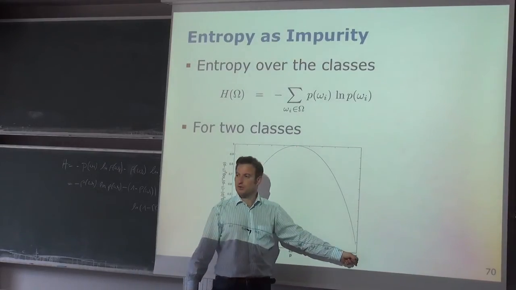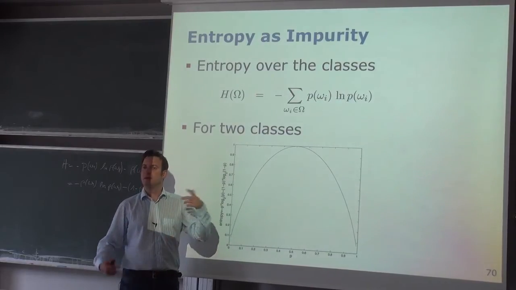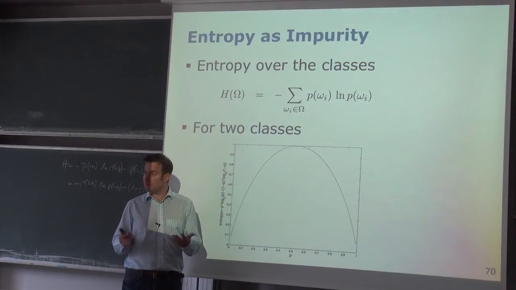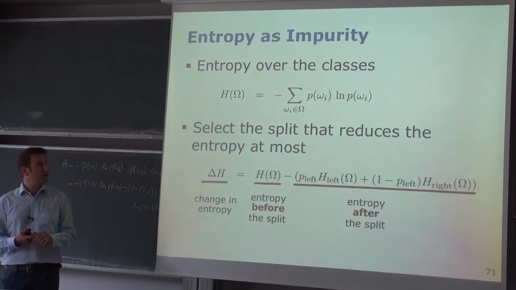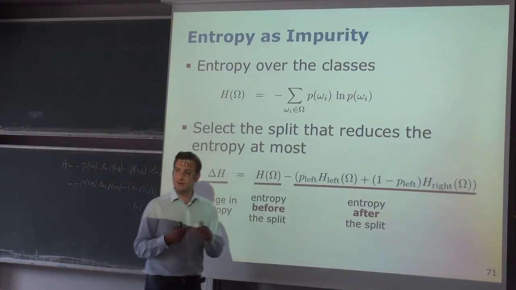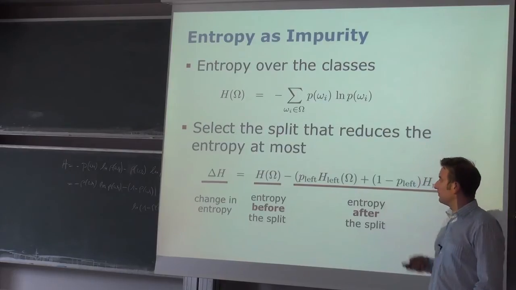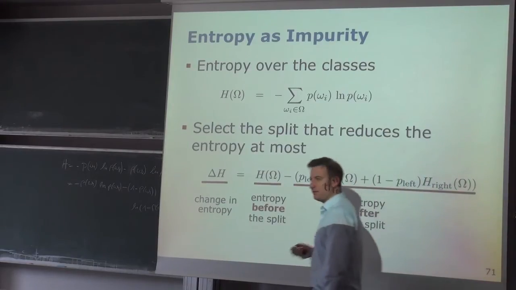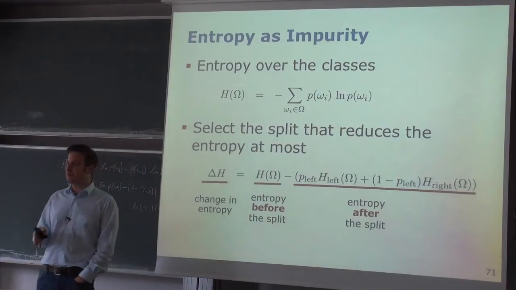If I'm pretty sure it's class 1, or pretty sure it's class 2, then it was a very good split because it allows me to do this split. So what I do is define a measure of the change in impurity, taking into account the impurity. I'm interested in the change in entropy. So I'm adding a new split, and how much does it change my impurity?